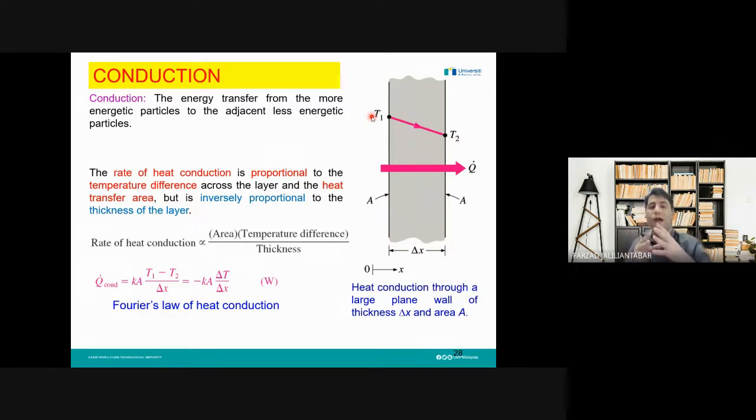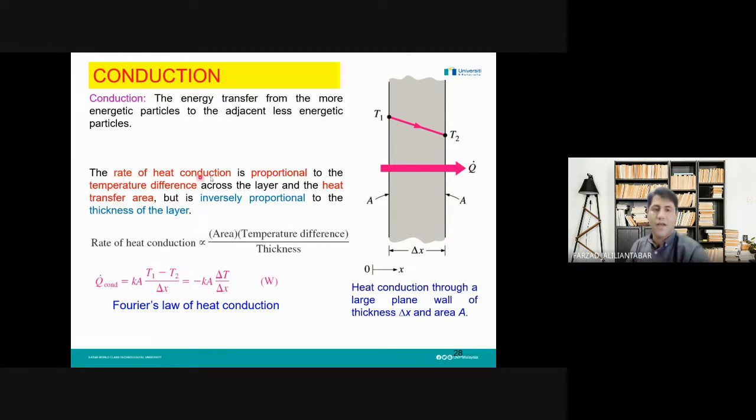And we need to have a substance for this type of heat transfer. It is the most common type of heat transfer, like the heat transfer inside a wall, inside different types of solid materials, or even liquid material or gases without motion. When the liquid is not in motion, we also have conduction.